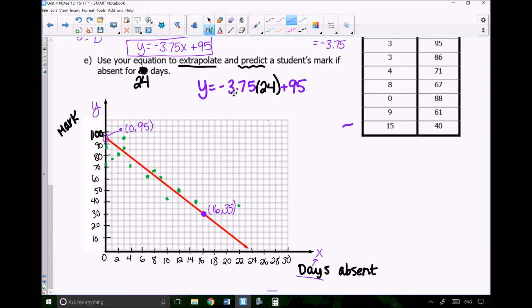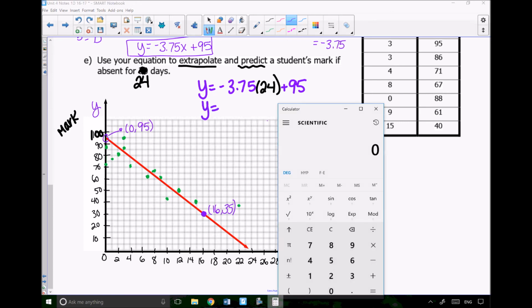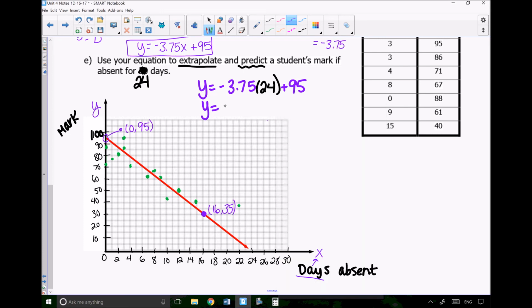This should make sense because if we start at 95 and then go down by 3.75 marks per day, we have to multiply that by 24 to figure out how much it went down by. So when I multiply 3.75 by 24, I get 90, but it's a negative 90 because a negative times a positive is a negative. So I get negative 90 plus 95, which is a 5.